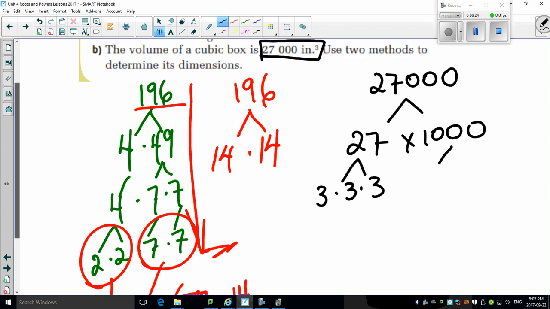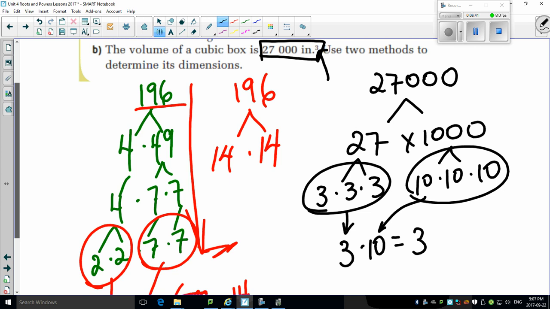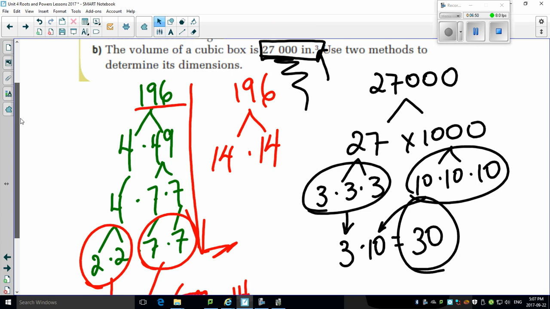Way too easy. 1,000 is 10 times 10 times 10. So check this out. One representative from here, because we're talking cubes, is 3. One representative from here is 10. Guess what? This is 30. I bet you the cube root of 27,000 is in fact 30. That's why we learn mixed radicals. That's why we learn perfect squares and perfect cubes.